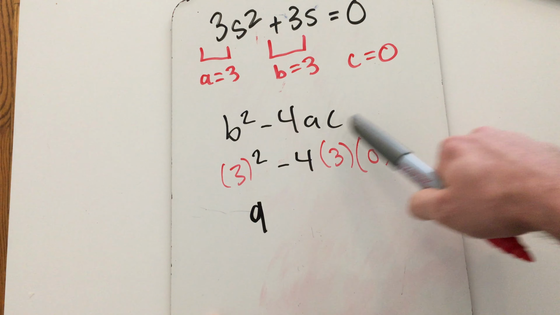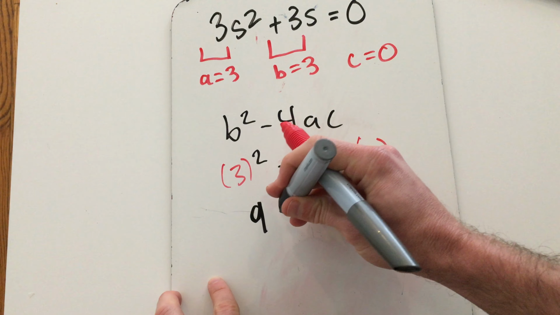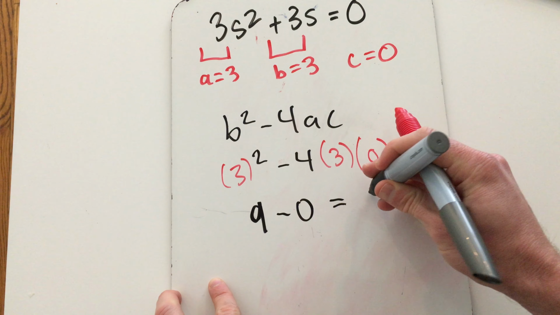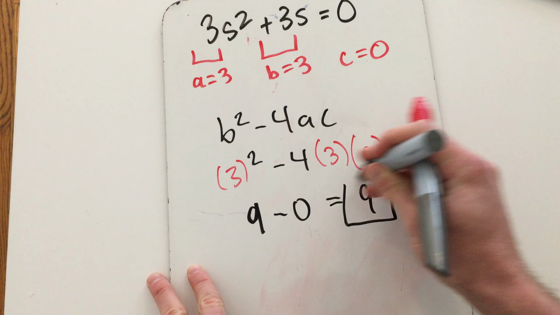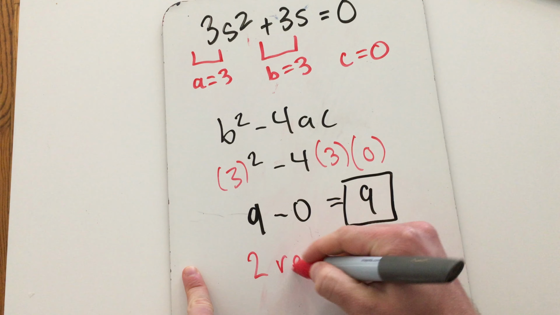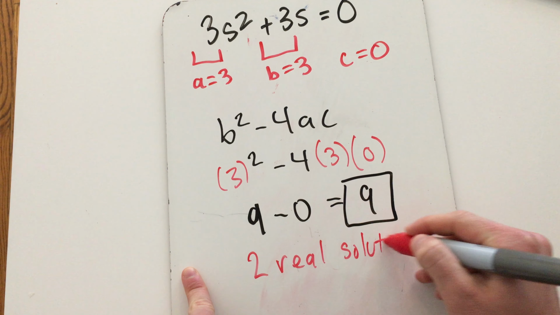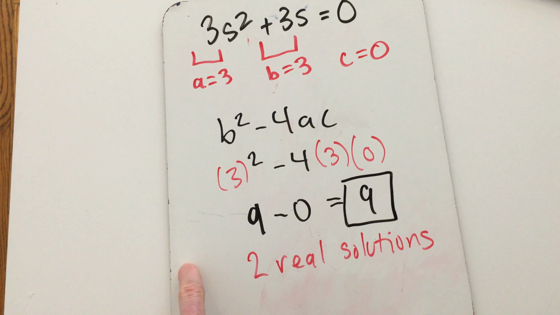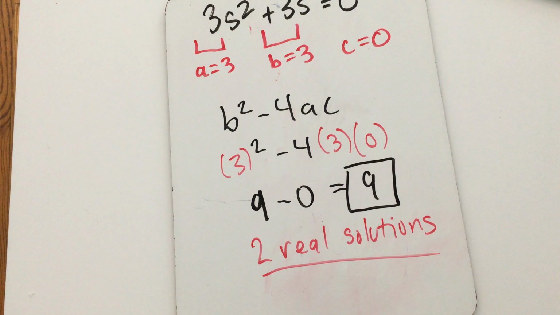Oh, anything times 0 becomes 0. So this would just be 9 minus 0, which is equal to 9. Since this is positive, that means that there's two real solutions. Let's try two more examples.